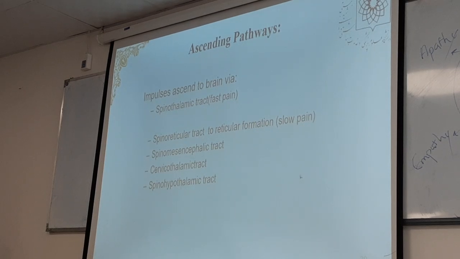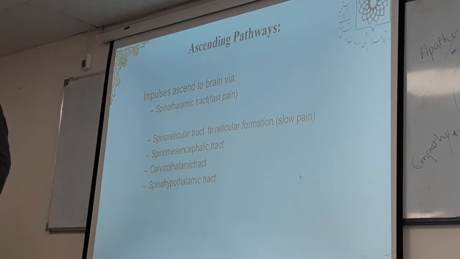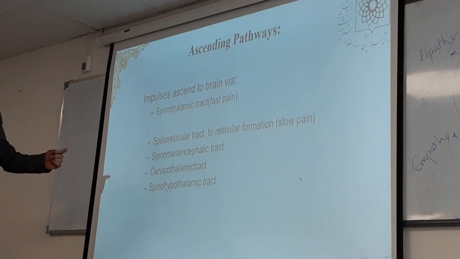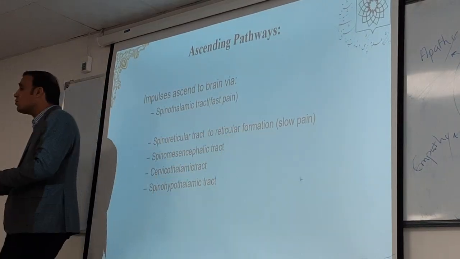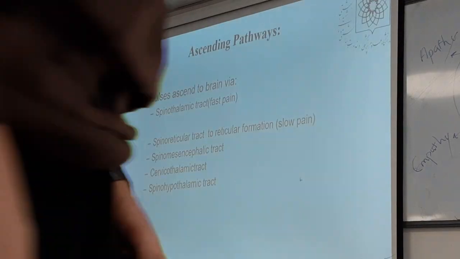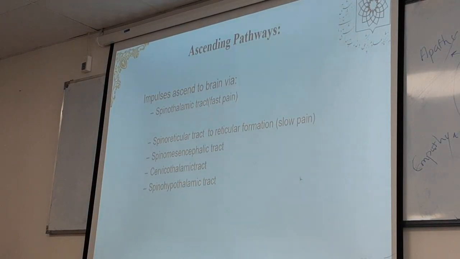Everybody has this experience. I have a pain in my leg, I was injured, and I was not able to sleep at all. Do you know why? Because the pain is sent to the reticular formation and activates it and does not allow sleep. You may say, what is the importance?